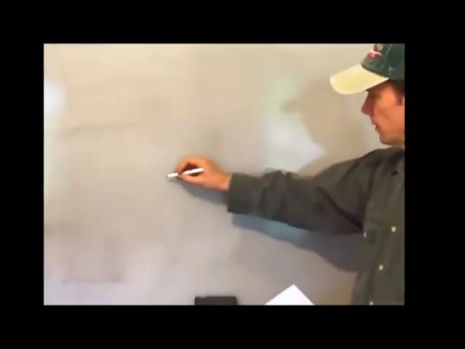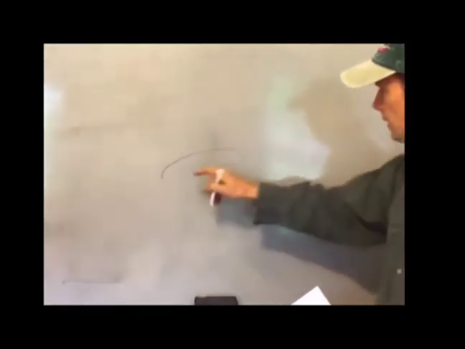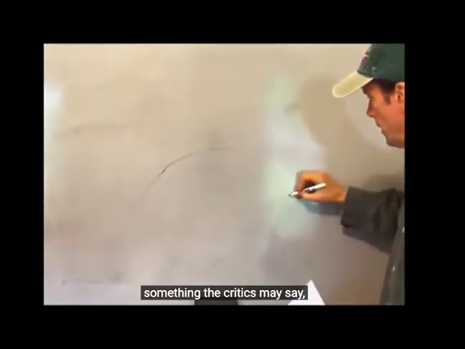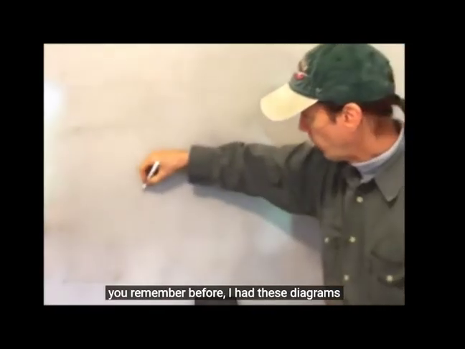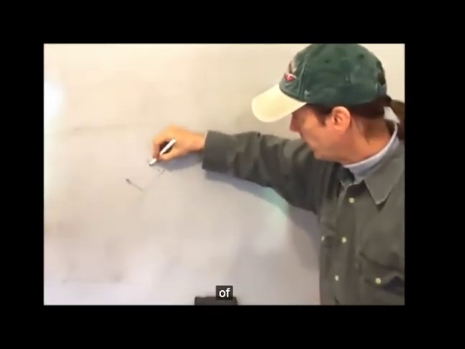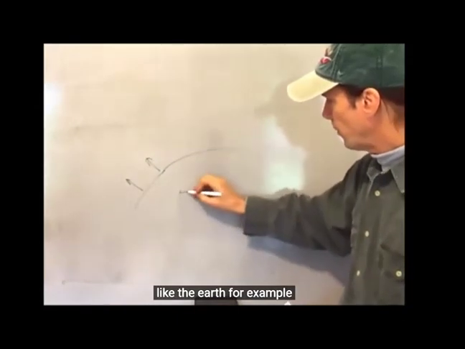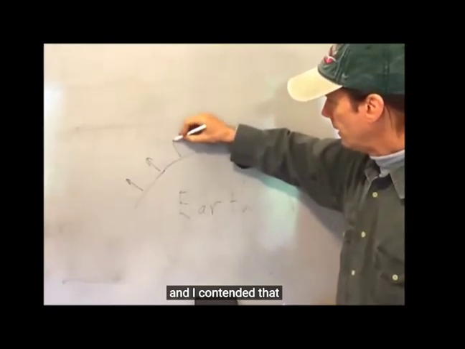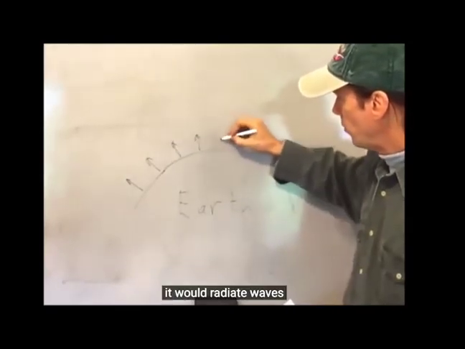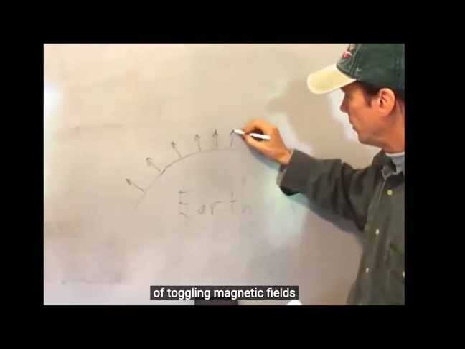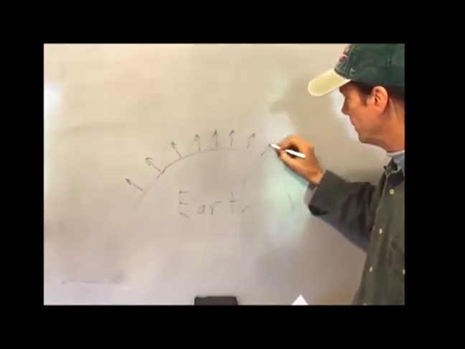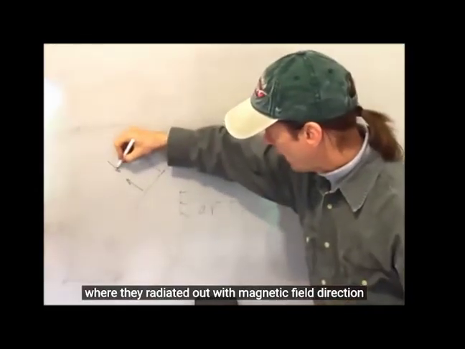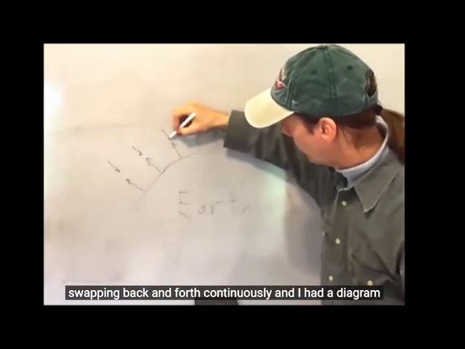So just to address something the critics may say: you remember before I had these diagrams of the Earth, for example, and I contended that it would radiate waves of toggling magnetic fields, where they'd radiate out with the magnetic field direction swapping back and forth continuously.